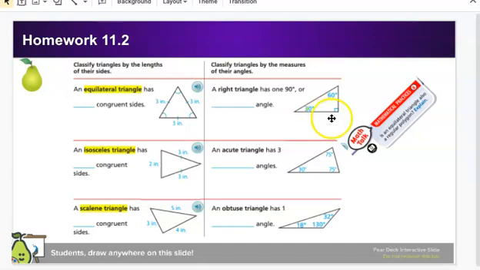If one angle is a 90-degree right angle, it's a right triangle. If all of them are acute and less than 90, it's called an acute triangle. And if there's one really big angle, larger than 90 degrees, like 91, 92, 105, it is an obtuse triangle. So that's how you classify them.